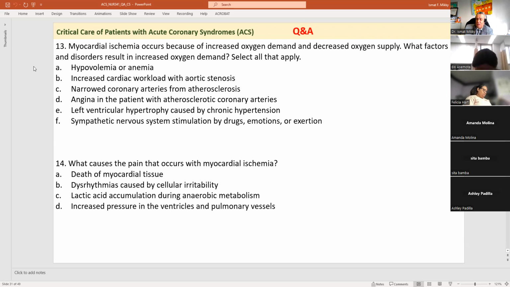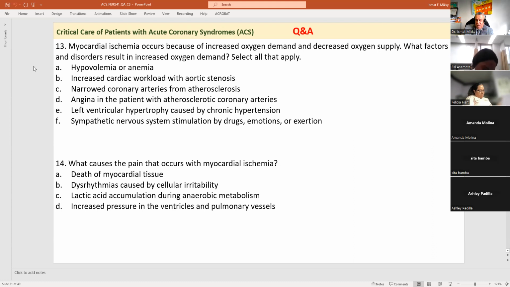D, angina in the patient with atherosclerotic coronary arteries, same concept. E, left ventricular hypertrophy caused by chronic hypertension. Patients with long-standing hypertension, especially uncontrolled, undiagnosed, undertreated hypertension, tend to develop that. With good management, rarely would you see this complication.